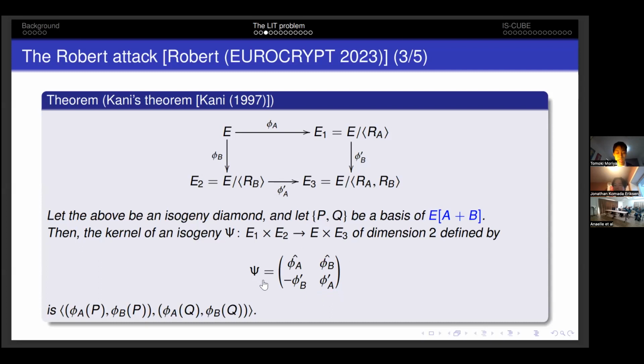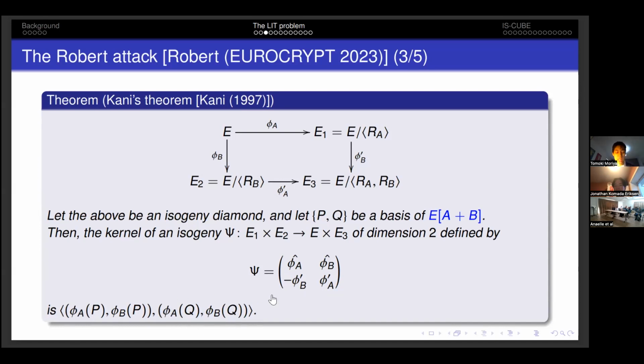First, there's an isogeny psi defined by phi_A hat, phi_B, phi_B prime and phi_A prime, defined by the 2 times 2 matrix. And this is an isogeny from E1 times E2 to E times E3. And the statement is the kernel of the isogeny psi is generated by (phi_A(P), phi_B(P)) and (phi_A(Q), phi_B(Q)).